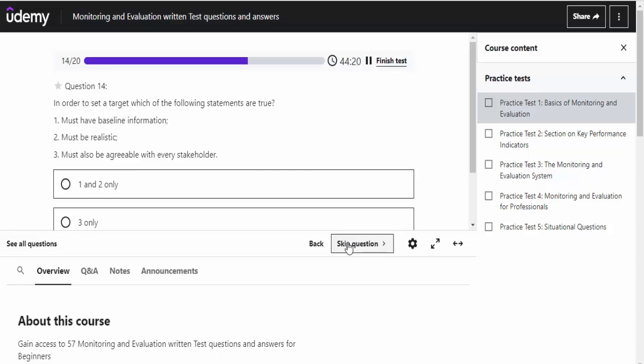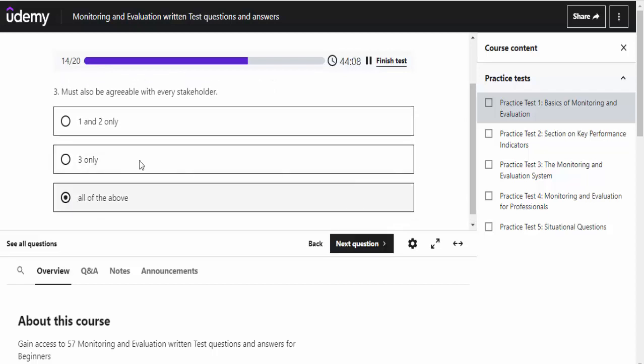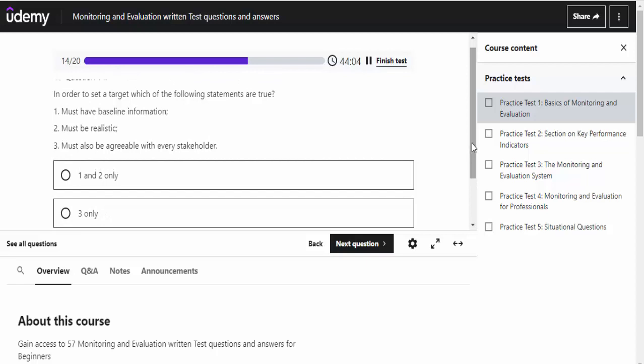They are not able to involve stakeholders in coming up with these targets. That is a wrong way to do it. The right way is actually all of the above. You need to involve stakeholders in setting the target, because these stakeholders may have information which you yourself may not be privileged to have.